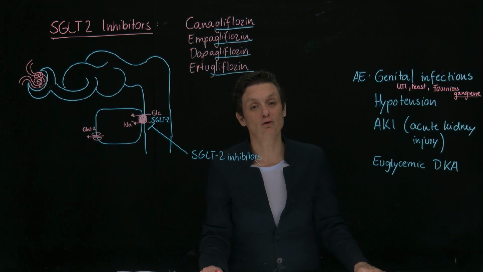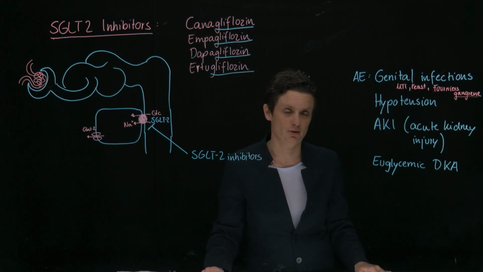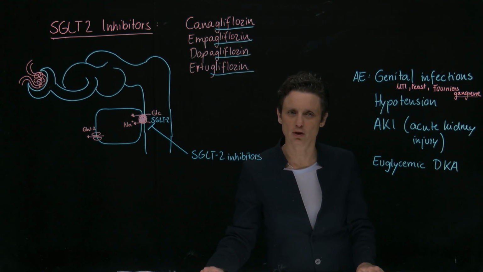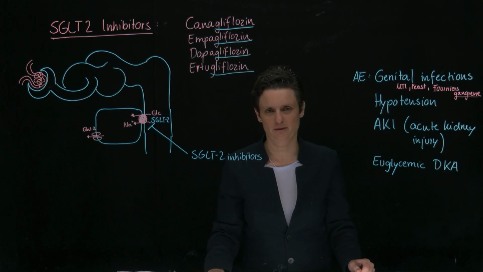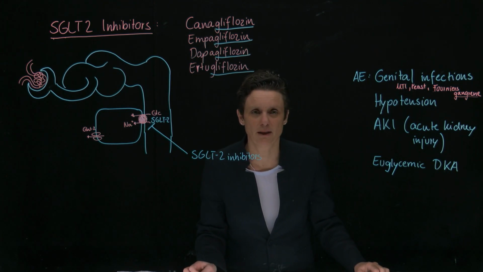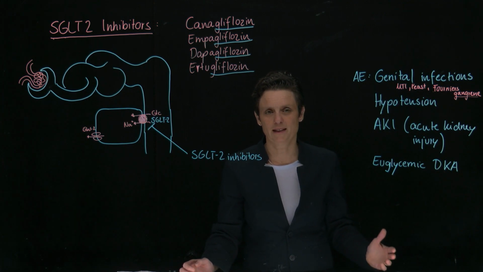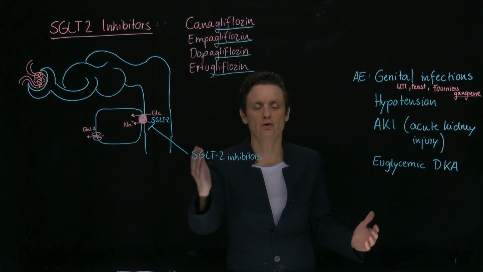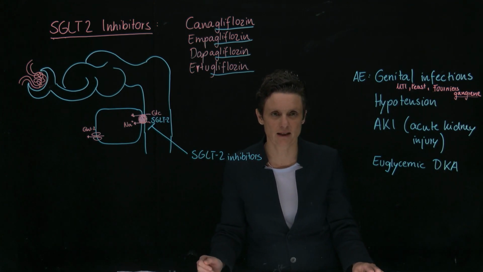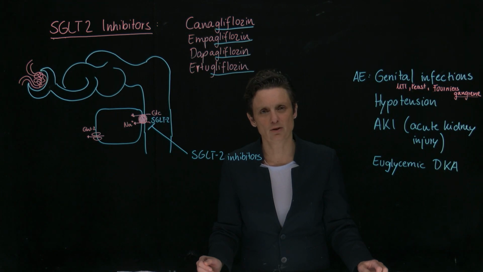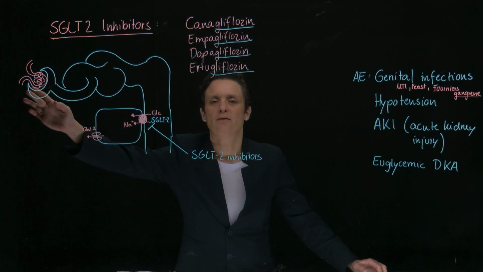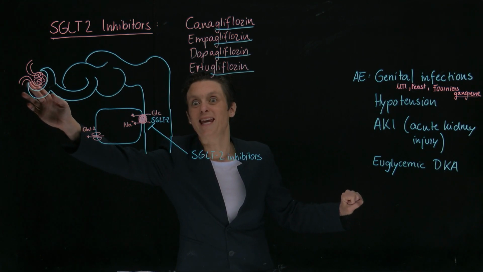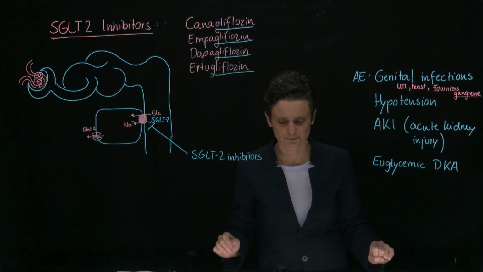And then they can also lead to acute kidney injury. And that may seem a bit contradictory because I just told you these drugs have renal benefits. And where do these renal benefits come from? Well, we said we're going to have more sodium delivery to the macula densa, and through the tubuloglomerular feedback, we're going to have more constriction of the afferent arteriole.